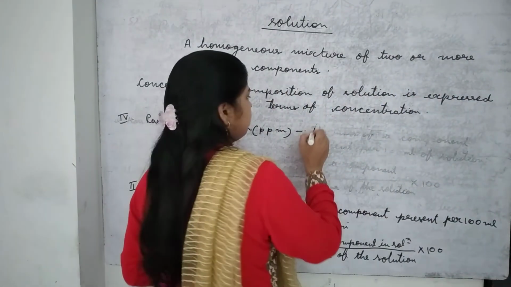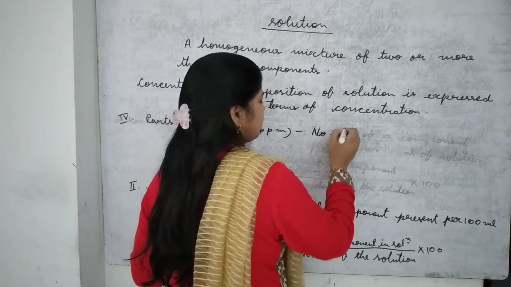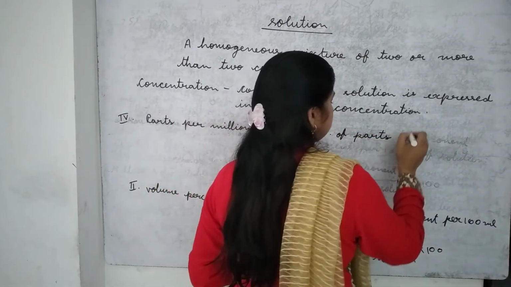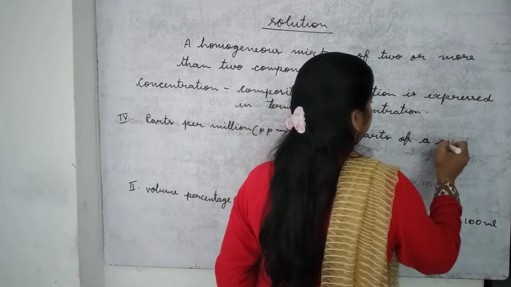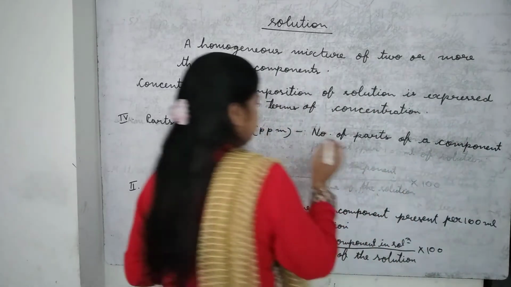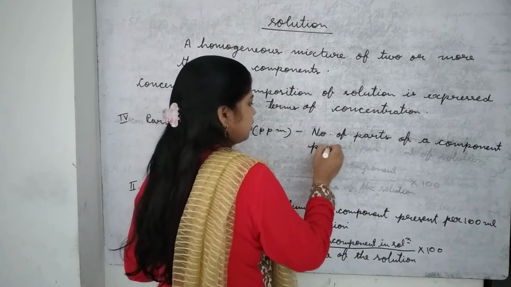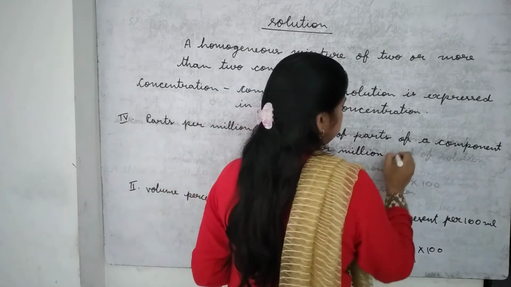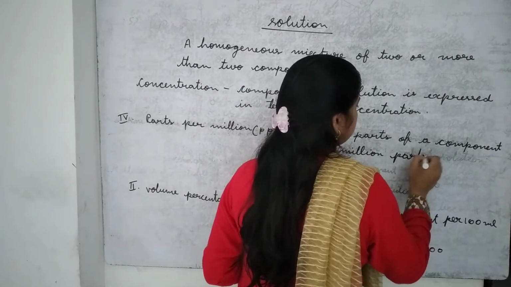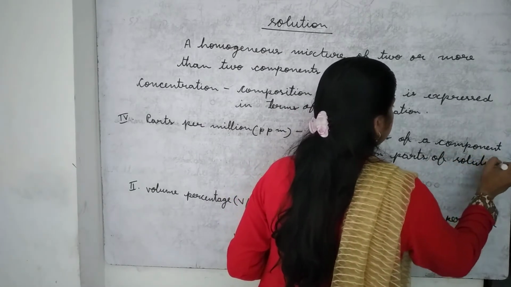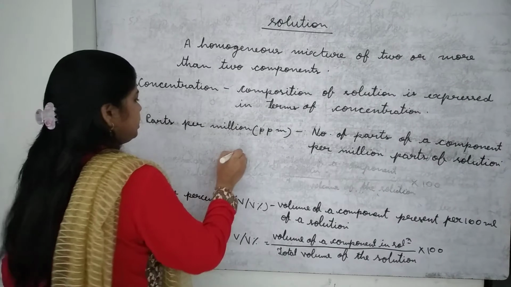So the number of parts of a component per million parts of solution is called ppm. So its formula is what?